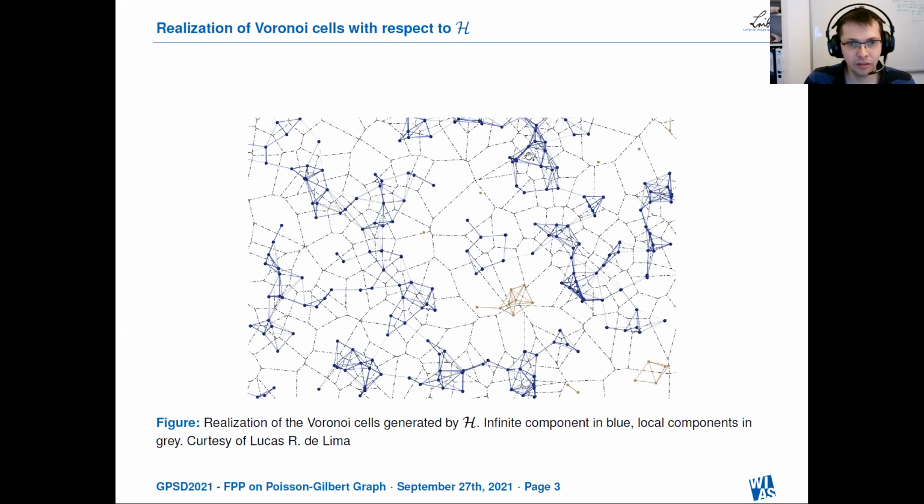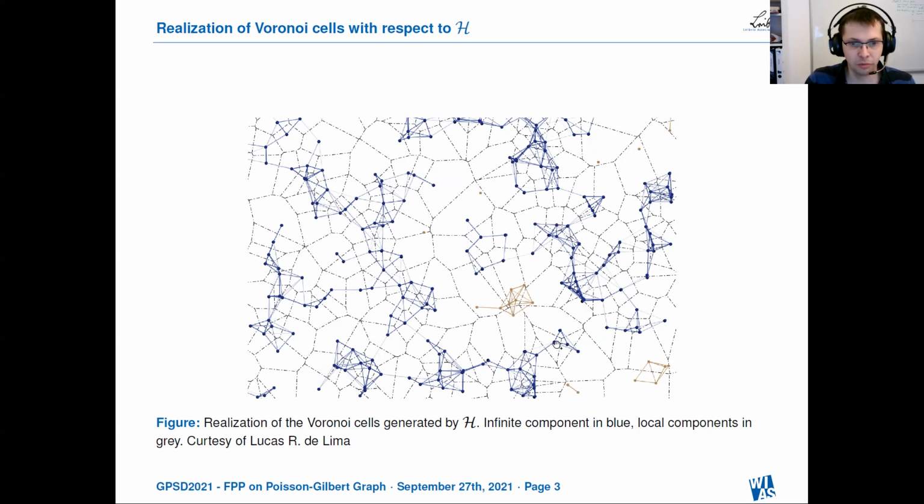Here you can see the infinite cluster in blue and the local components in gray. As you can see, the Voronoi cells here are only generated by the infinite cluster, not by the local components. Furthermore, you're able to see one of the very problematic features of our model, meaning that for 2 points that are really close in Euclidean distance, their projections can be really far apart in graph distance.